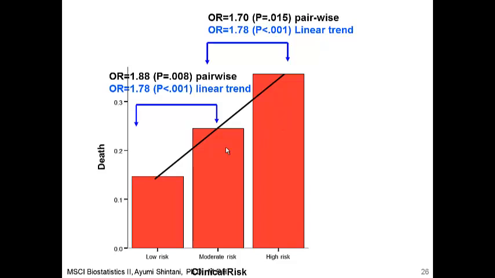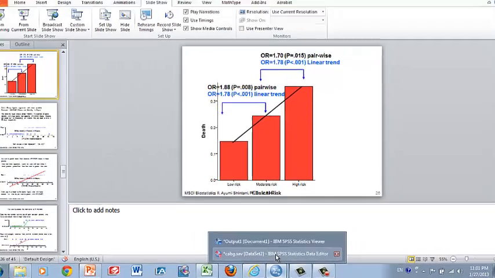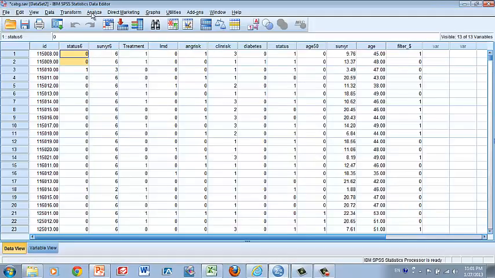The test for linear trend means you draw a straight line here and test whether the slope is 0 or not. If the slope is not 0, then you may say there is a linear trend. Let's do the test for linear trend using SPSS.